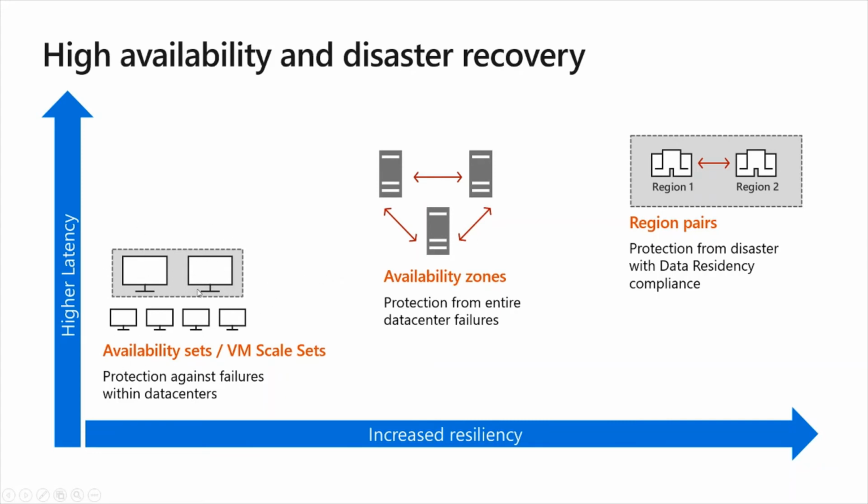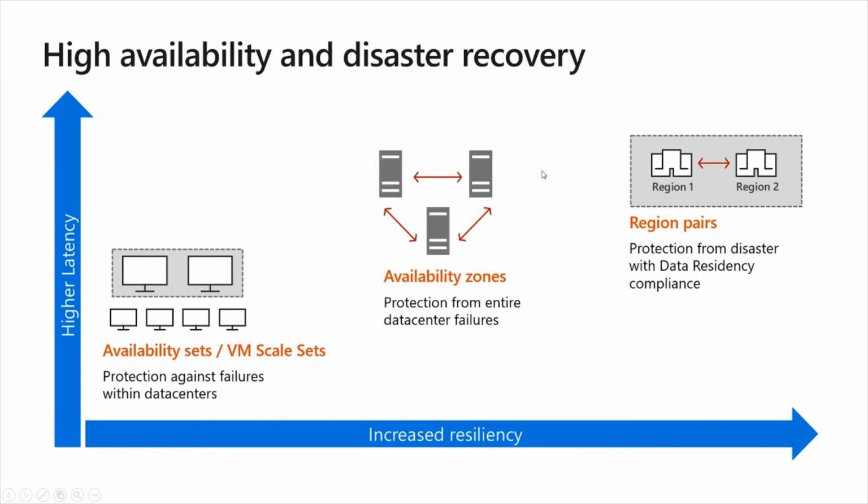That means if your data center has failed, then all the VMs in there will fail, so you won't be able to access them. In that case you need availability zones, where if one zone goes down, another zone takes care of it and it's up and running.